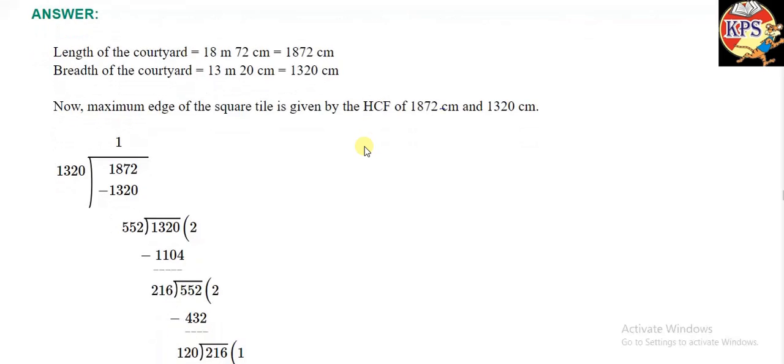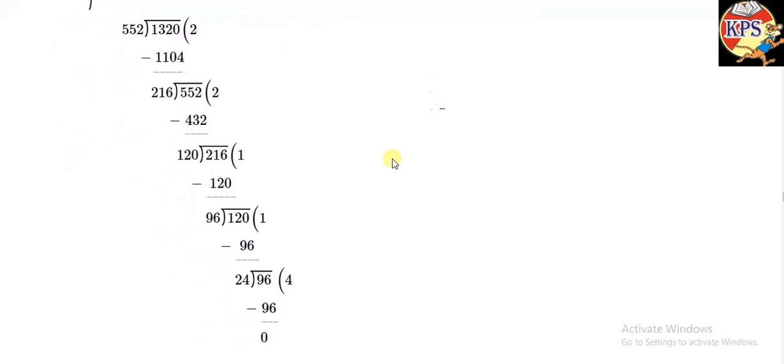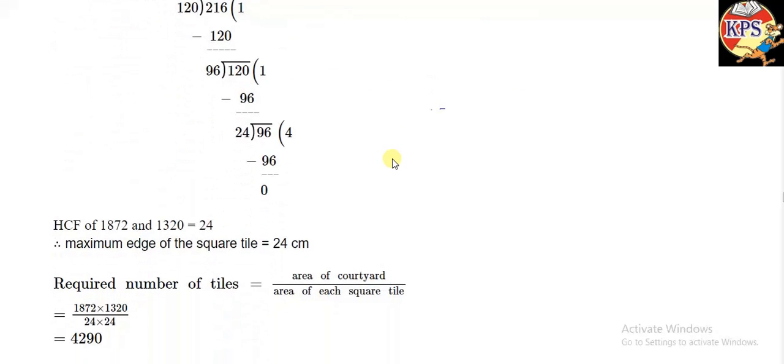To solve this question, the maximum side of the square tiles is given by the HCF. So here we have to find the HCF. After solving these numbers, we are getting the answer 24. That means 24 is the HCF of these two numbers, so the maximum side of the square tiles is 24 centimeter.